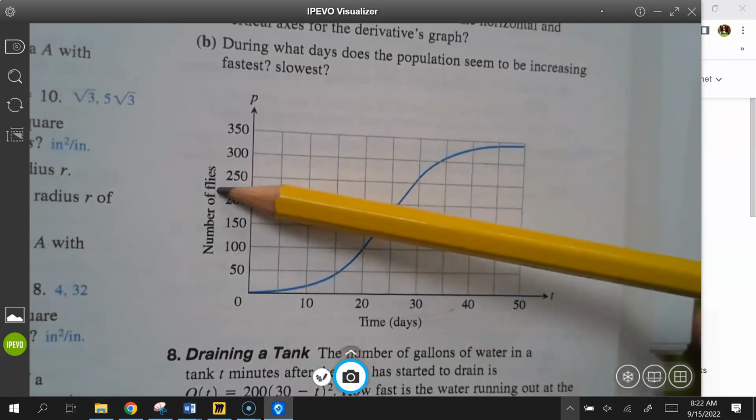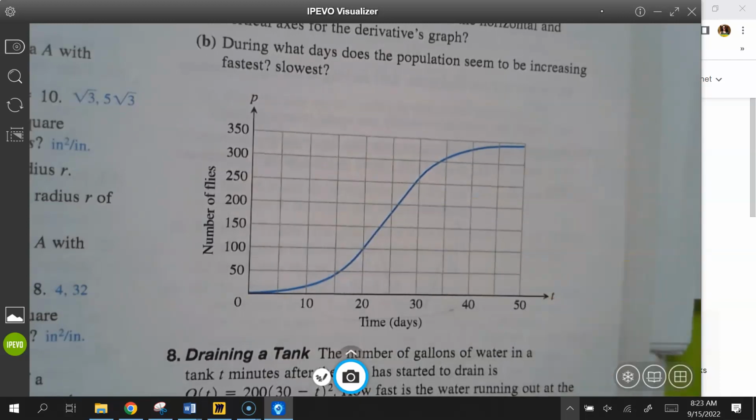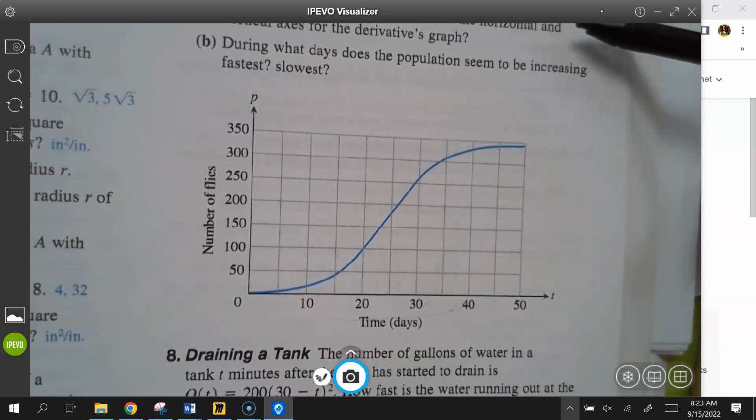Days and flies. So if I do the derivative, that's slope, right? So what would the rate be? Flies per day, right? Does that make sense? Flies per day. Okay, so if I do flies per day, what is the derivative here? Because that was the first part of the question, right? What unit should be used? So what's on horizontal and what's on vertical?